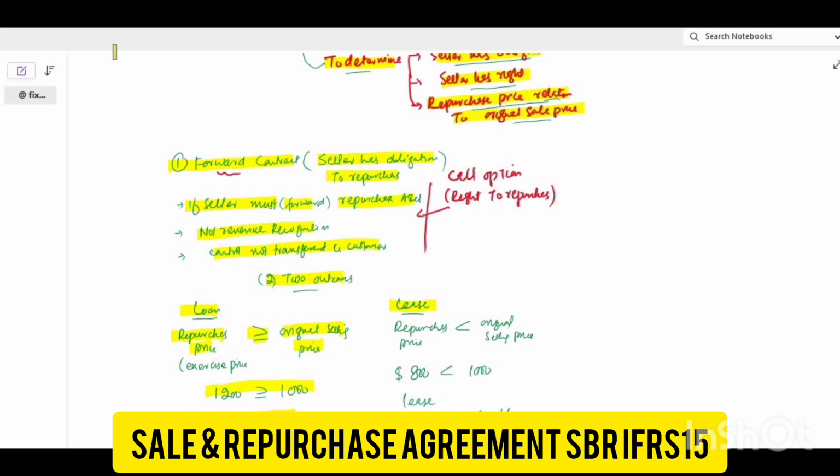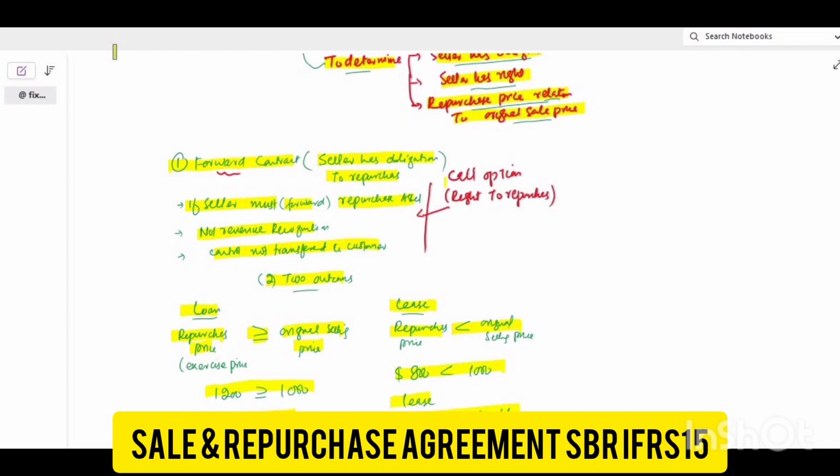So we will count this as a loan agreement, and the extra amount will be your finance cost. Now, if the repurchase price is less than the original price, then this is a lease and you will deal with it under IFRS 16.